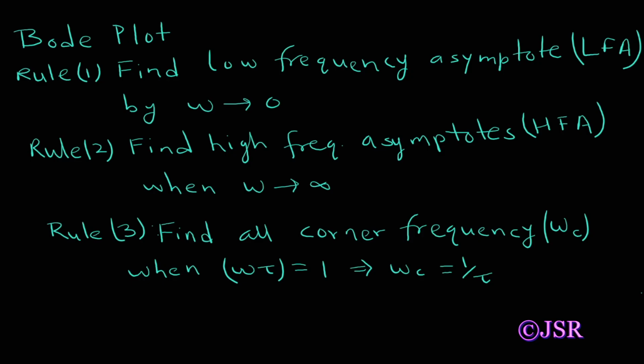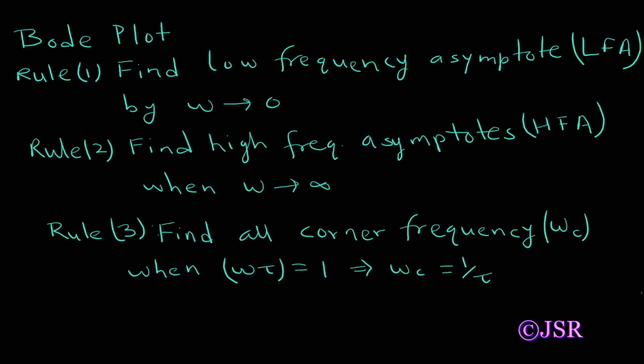So in case of 3 first order systems in series, we will have 3 different corner frequencies, which can be evaluated as omega 1 equal to 1 upon tau 1, omega 2 equal to 1 upon tau 2, and omega 3 equal to 1 upon tau 3, based on the time constants for the different first order systems.